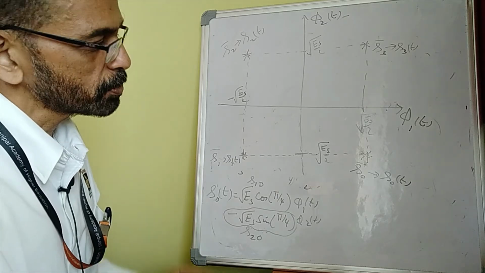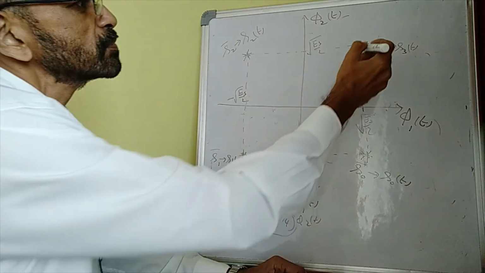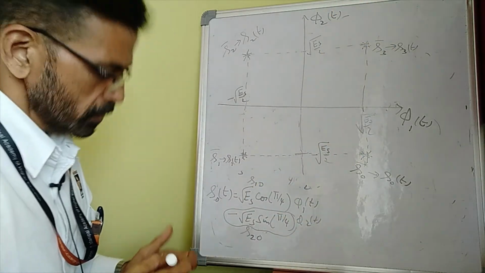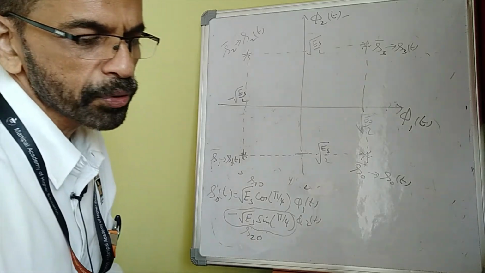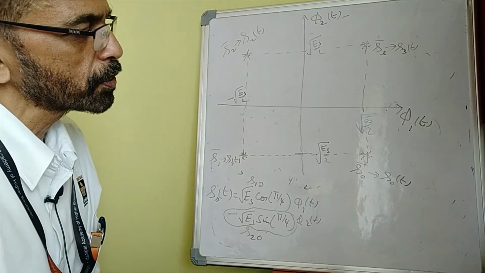Because of this negative sign it becomes plus. So this is the signal constellation for QPSK. We call it the constellation. Probably I have used that word before. If I have not, remember this is the signal constellation for QPSK.